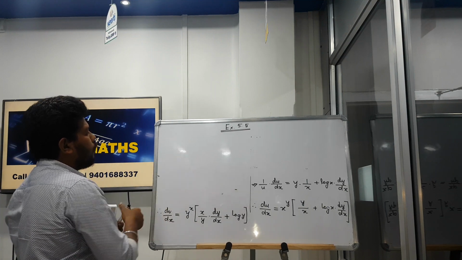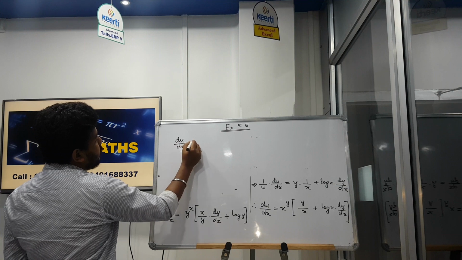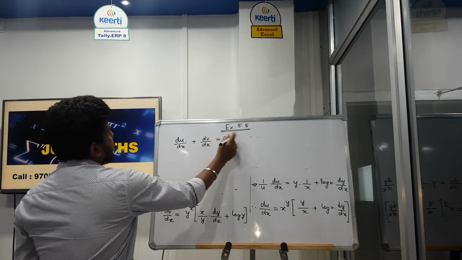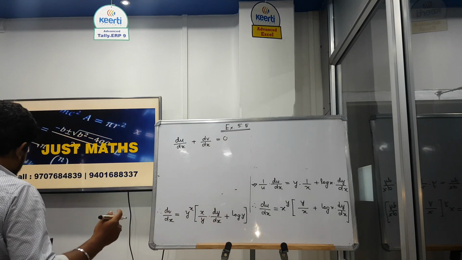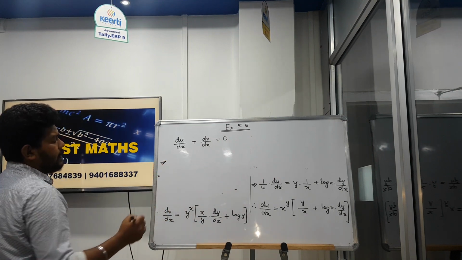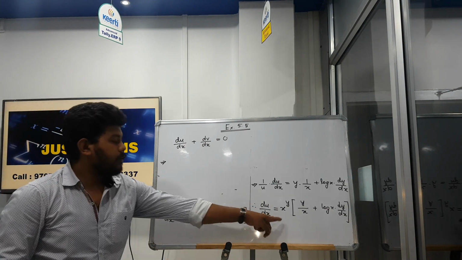We know that du by dx plus dv by dx is equal to 0. That's why put the values here.